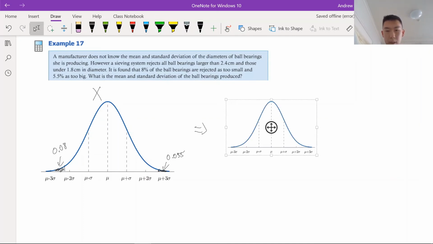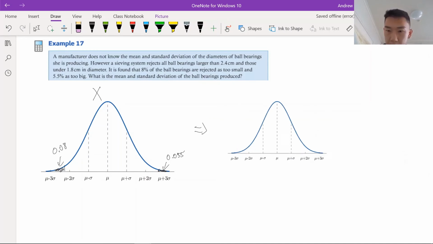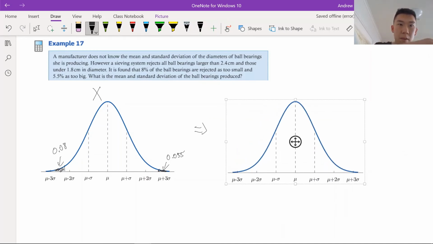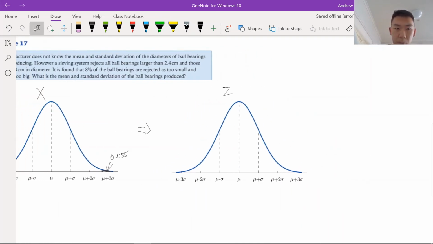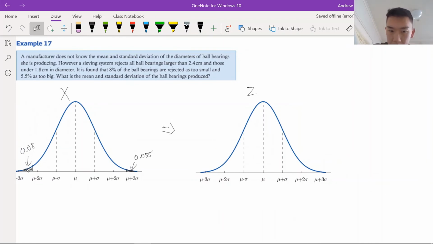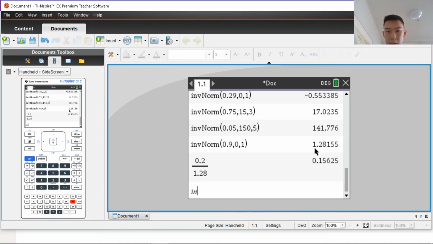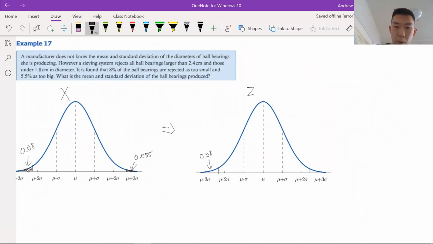So let me put in a second graph, blow that up, and find the corresponding z-scores at these values. So if that's 0.08, then the z-score here would have to be inverse normal 0.08. Since we've standardized it, negative 1.405, just for accuracy.